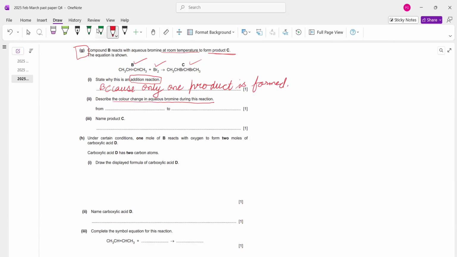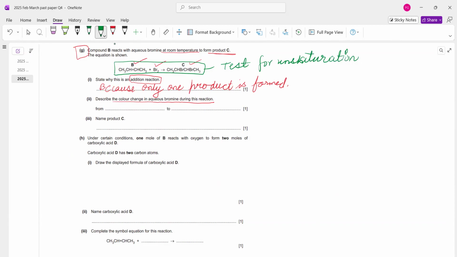Describe the color change in aqueous bromine during this reaction. Now, dear children, again, you should remember that this specific reaction, which I have written here, is a test for unsaturation. Means test for the presence of more than single bond in molecules. How is this a test for unsaturation?